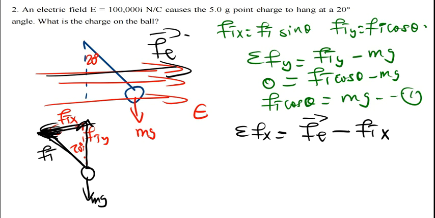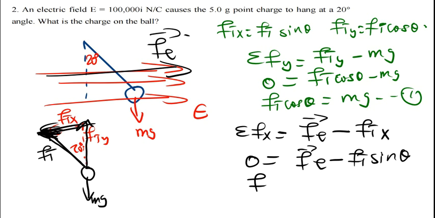Ftx. Since it is not moving, this will be replaced by 0. So we'll have Fe minus Ftx, where Ftx is Ft sine theta. If I shift that to the other side, it's the same as Ft sine theta is equal to Fe.